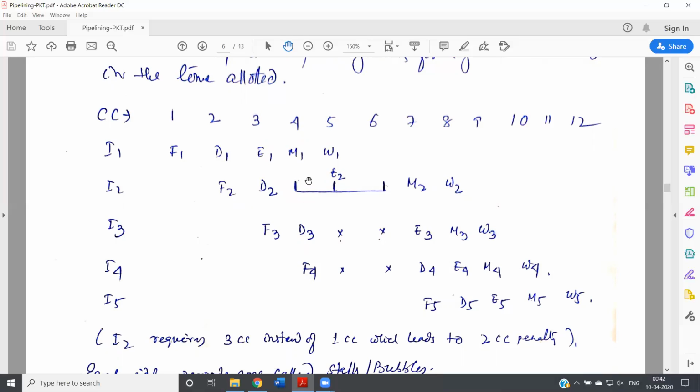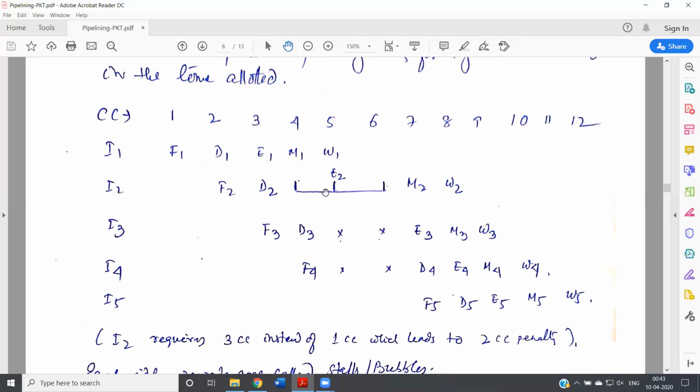Instruction 2 is supposed to finish the execution in clock cycle 4. But due to some reason, maybe hardware or some operand is not found, instead of one clock cycle, it takes 3 clock cycles for execution. Now, instruction 2 will finish execution in the 6th clock cycle and start the memory operation in the 7th clock cycle.